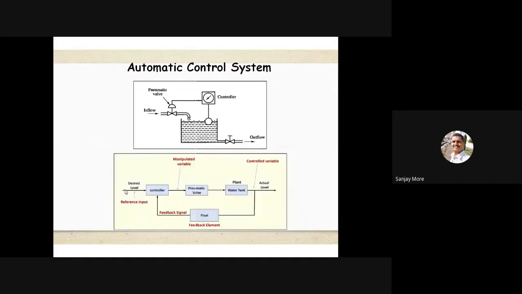Okay, see the schematic diagram of the automatic control system. Here is the inflow, and this is the float. The float is connected to the controller, and the controller is connected to the pneumatic valve.